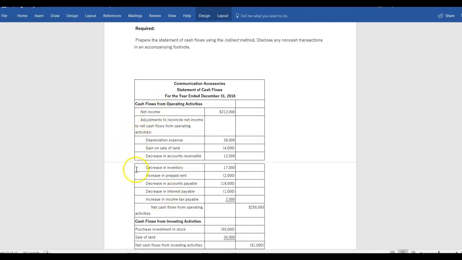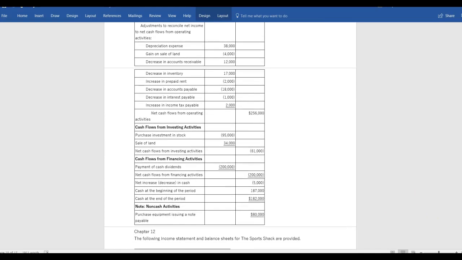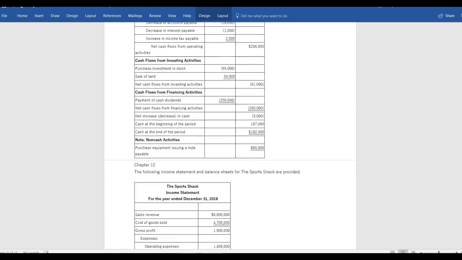The various adjustments as it relates to running the business would be applicable here to come up with our net cash flows. The only thing I'm going to ask you with this problem is, what are the net cash flows from either operating or investing or financing?